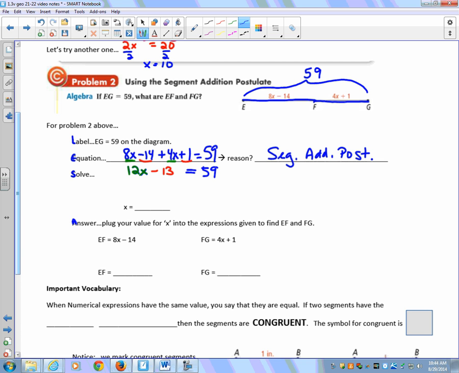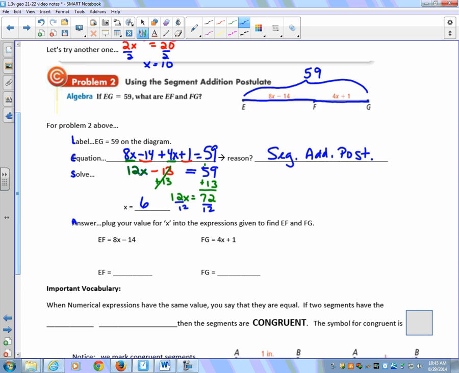And when I add 13 to both sides, I get 72. Cancel out the 13s, I get 12x equals 72. So now I'm going to divide by 12 to solve for x, and x equals 6.